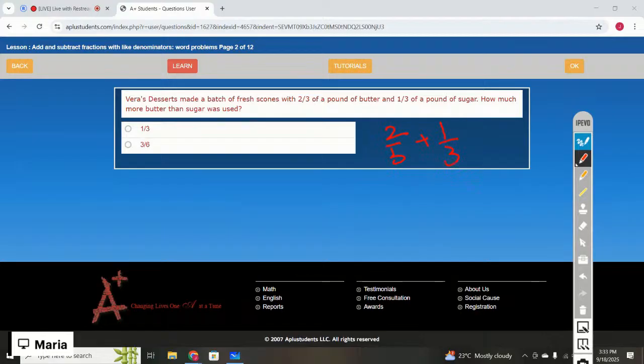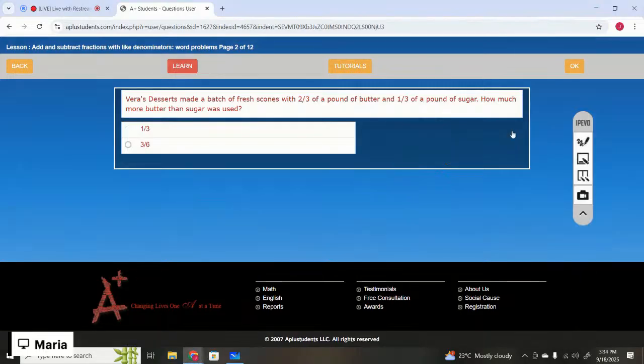Which is the correct option? 2 plus 1 is 3, so 3/3 is 1. Option number 1 is the correct option.